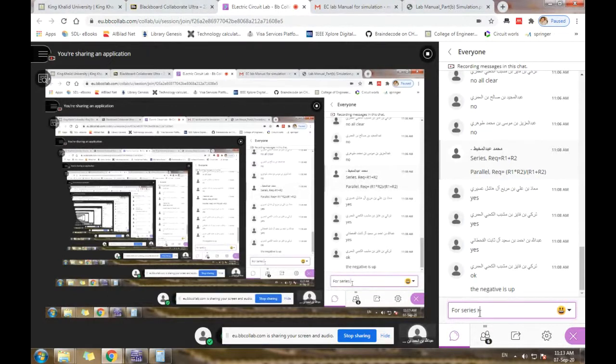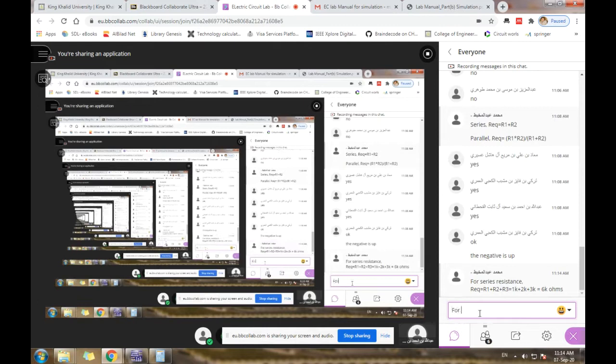For series resistance, Req is equal to R1 plus R2 plus R3. So it means it is 1 kilo plus 2 kilo plus 3 kilo, right? So that will be equal to 6 kilo, 6 kilo ohms.